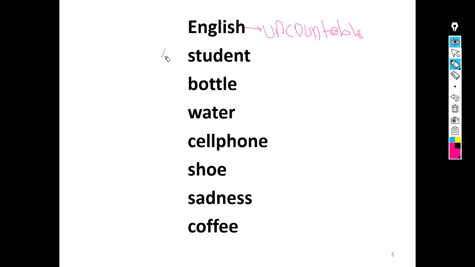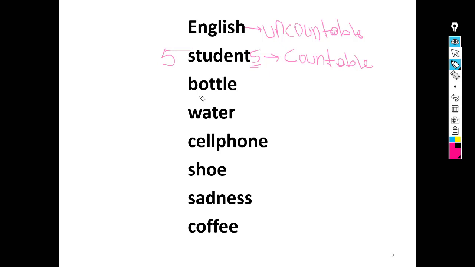For example, 5 students. We have to add S here, don't forget. So, I can count the student, so I say countable. Is it a countable noun? Yes, countable.